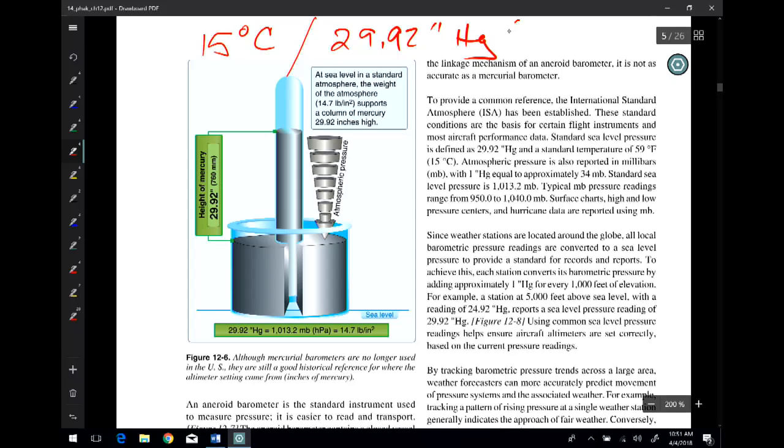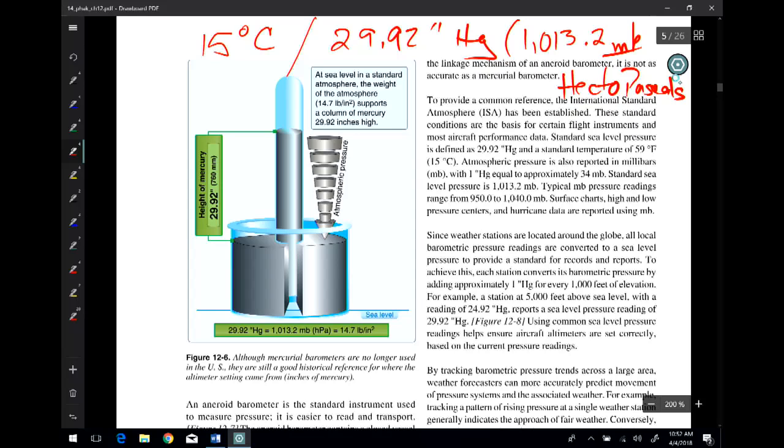And by the way, the millibar equivalent to 29.92 inches of mercury is 1013.2 millibars or hectopascals.